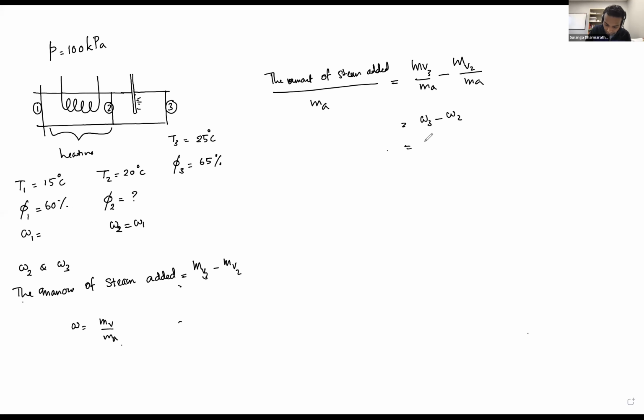This is 13 minus 6.4 grams of moisture per kilogram of dry air. So this is 6.6 times 10 to the power -3 kilograms of moisture per kilogram of dry air.